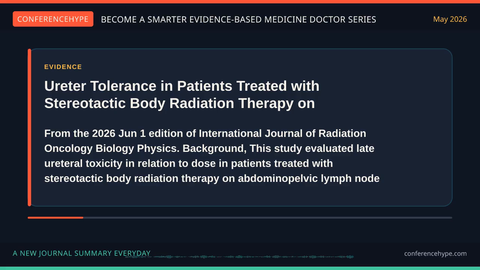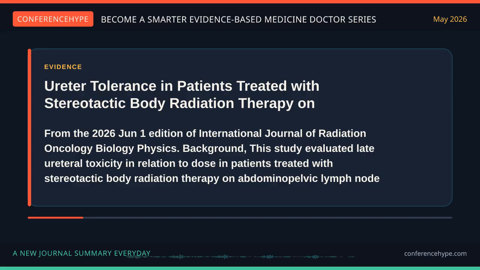Background: this study evaluated late ureteral toxicity in relation to dose in patients treated with stereotactic body radiation therapy on abdominopelvic lymph node oligometastases and assessed differences between planned and received ureteral dose. Methods and materials: patients treated between 2011 and 2023 with SBRT on AP-LN oligometastases from various primary tumors were retrospectively reviewed.